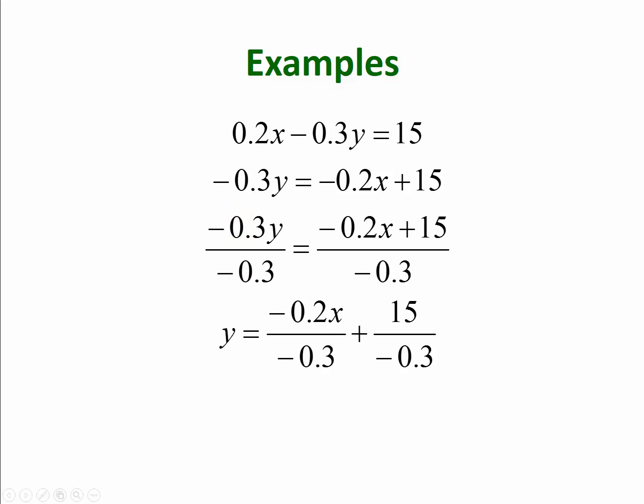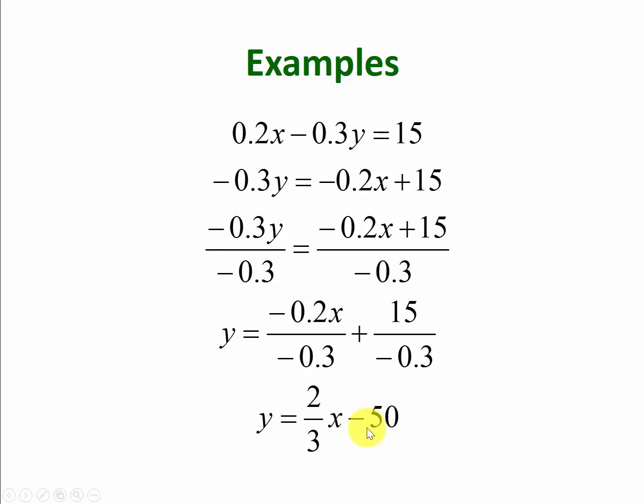These cancel, and I'm left with y equals. Now the -0.3 is dividing both terms over here, so negative over negative, they cancel. 0.2 divided by 0.3, that's the same thing as 2/3. And a positive 15 divided by a -0.3, positive divided by negative is negative. So the equation becomes y equals 2/3 x minus 50.